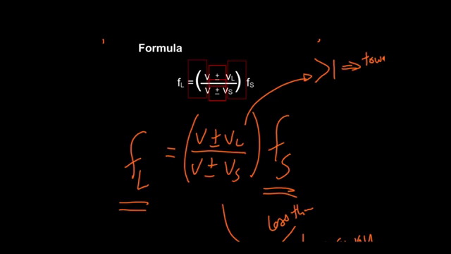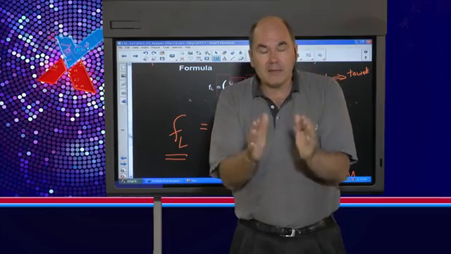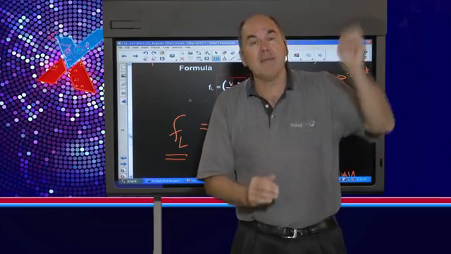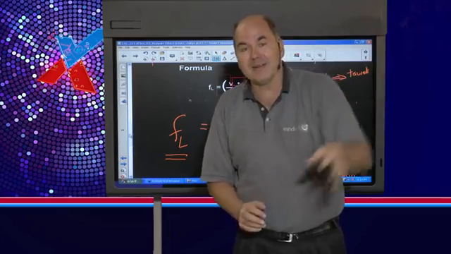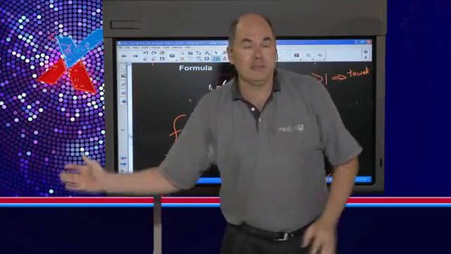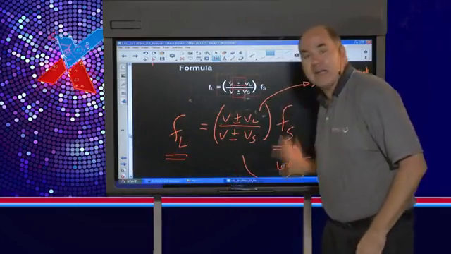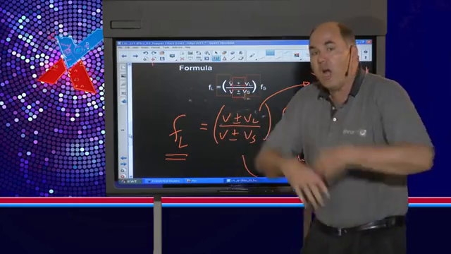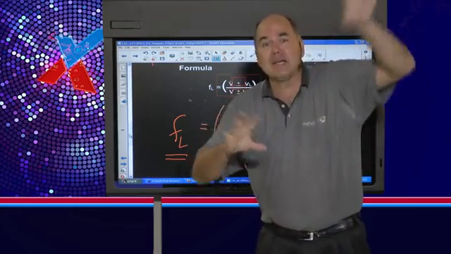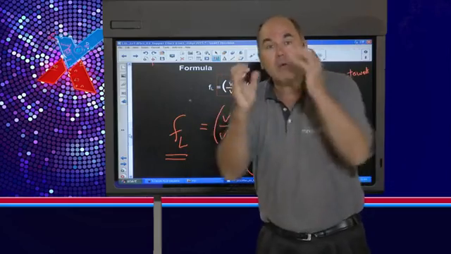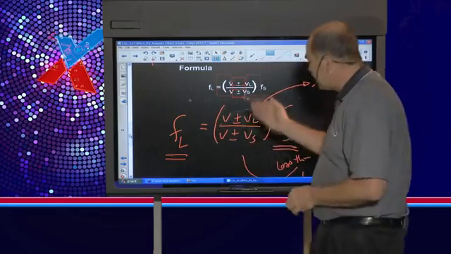Guys, listen to me carefully. In your final exam, or in your June exam, and in your prelim exam, or even in your class test that's coming up, you must write out this full formula. Don't just say, well, I think it must be, and drop some signs. Write the full formula out with the plus and minus.